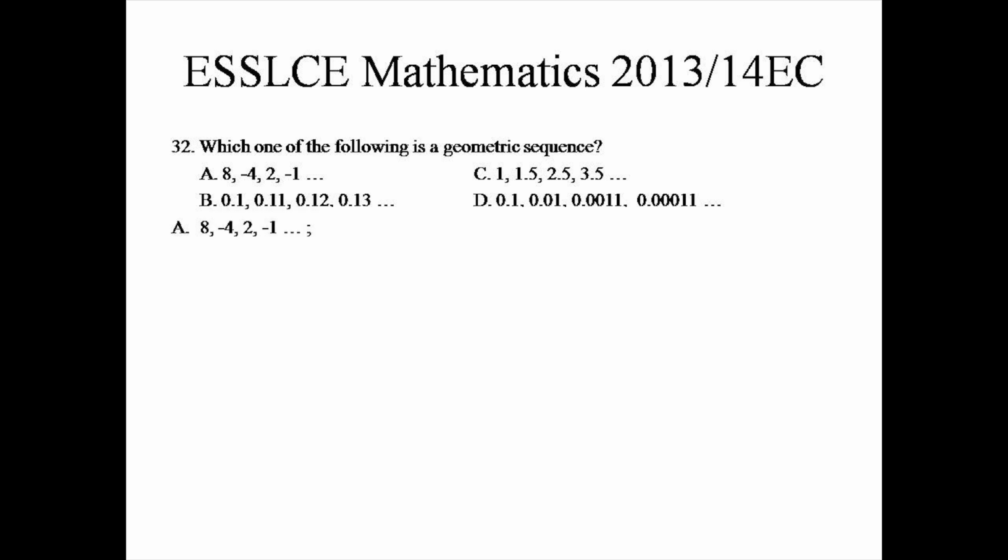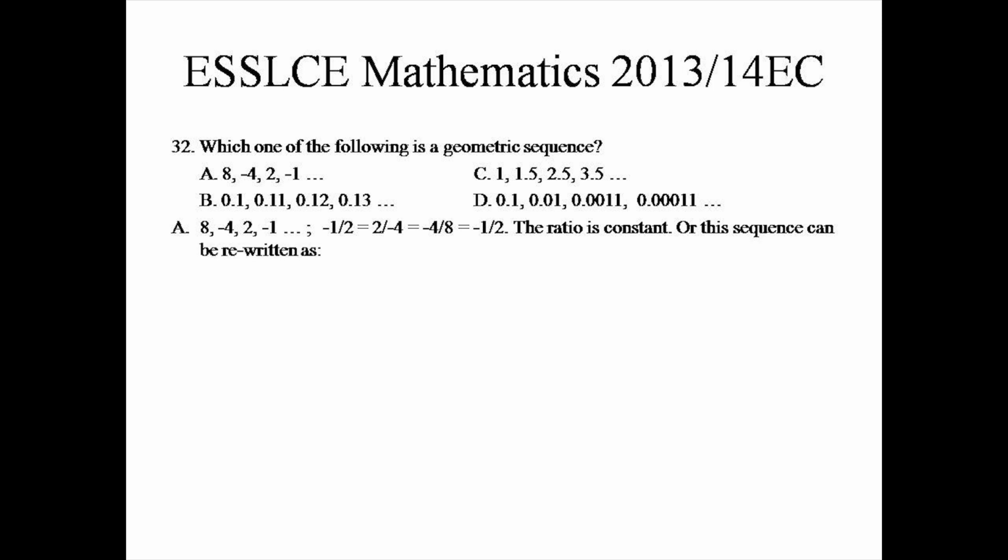The ratio of the fourth term to the third term is equal to the ratio of the third term to the second term, which is equal to the ratio of the second term to the first term, which is equal to negative 1 over 2. That is, the ratio is constant.